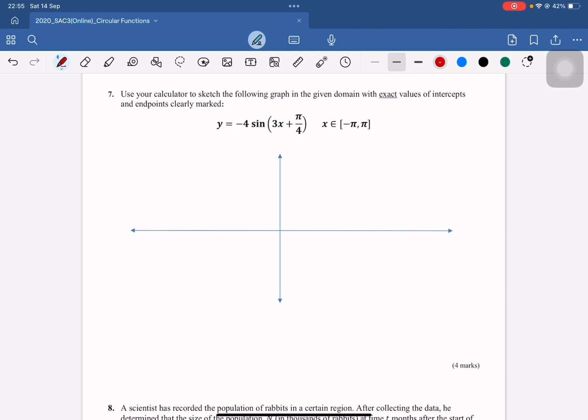And so the graph obviously has an amplitude of 4, and it's going to start at 4. It's going to go something like this. It's a little bit ugly, but that's fine. Just making sure I reach the amplitude here.